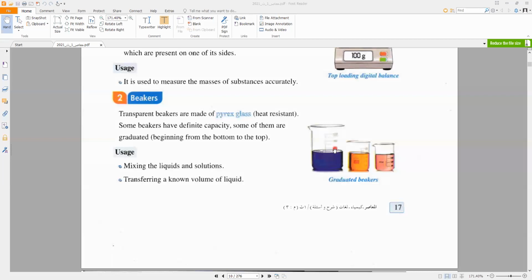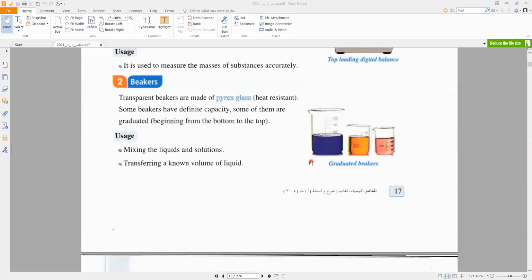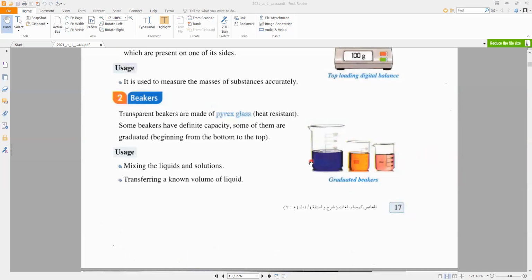Number two, from the uses of the beaker, transferring a known volume of liquid.